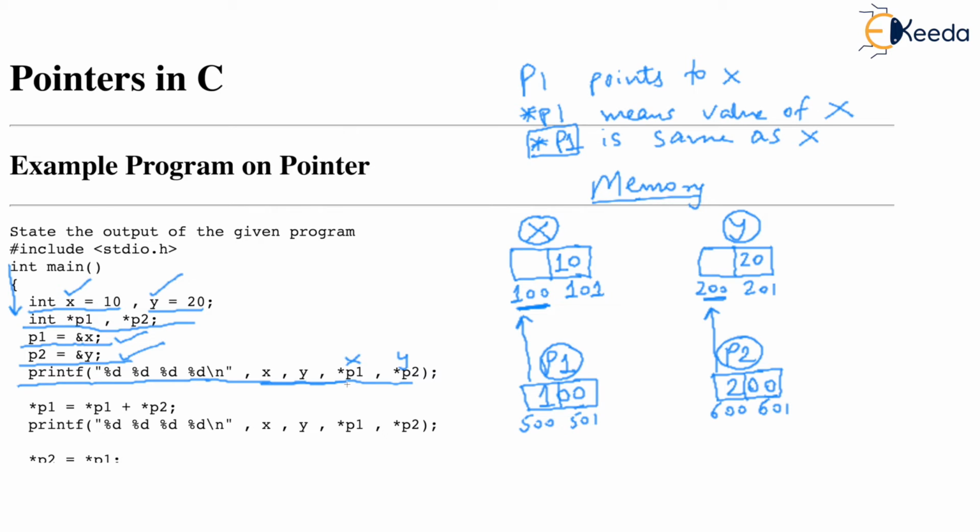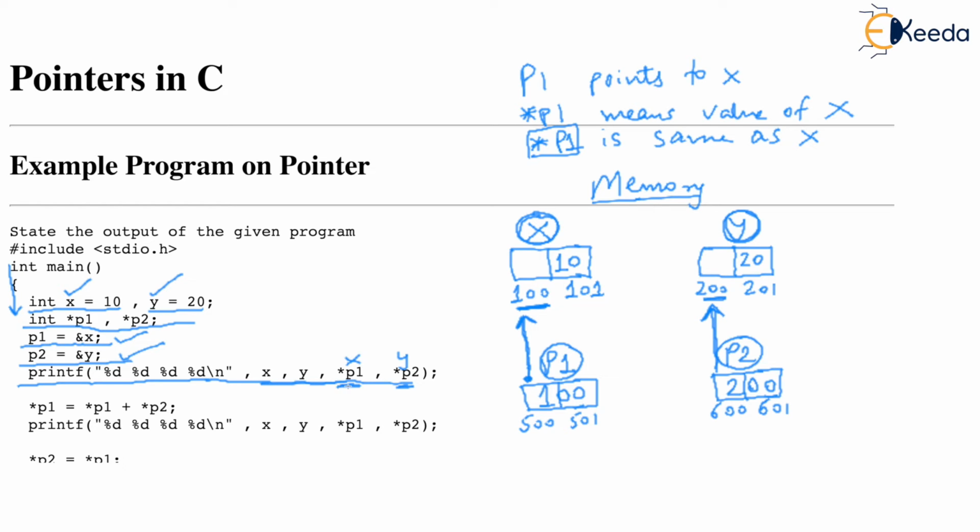You might say, no sir, this is *p1, *p2. But come on, tell me, what do you mean by *p1? *p1 means the value to which p1 points, and that is nothing but the value of x. And *p2 means the value to which p2 points, and that is the value of y.